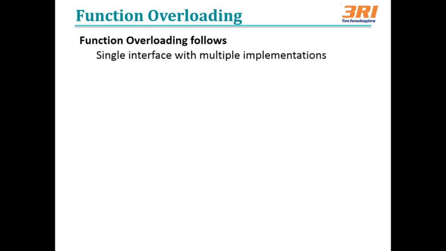Compile time because the binding of these function calls with function definitions happens at compile time. Polymorphic behavior because you have a single interface, that is your function name, with multiple implementations.